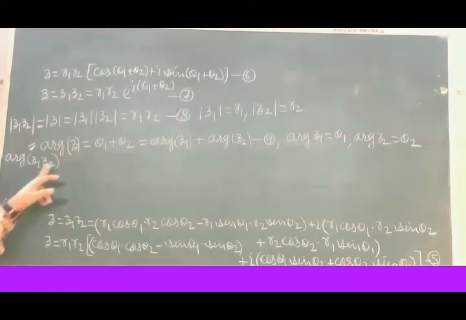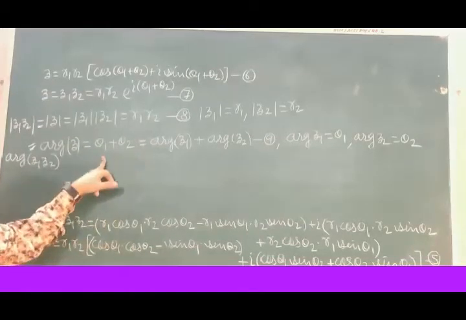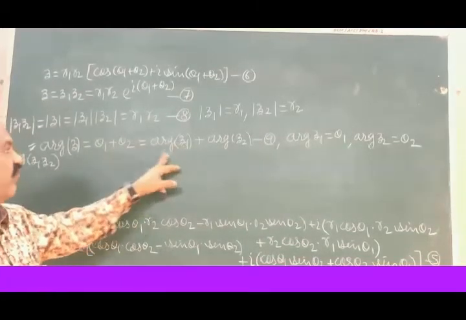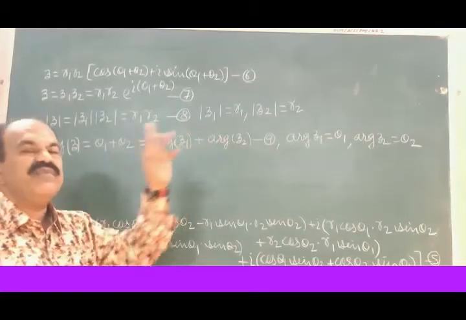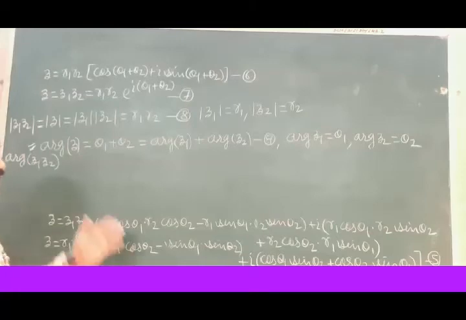Argument of z is nothing but argument of z1 into z2. That is what? Theta 1 plus theta 2. But what is theta 1? Argument of z1. What is theta 2? Argument of z2. And therefore, what conclusion can be drawn from equation 9?